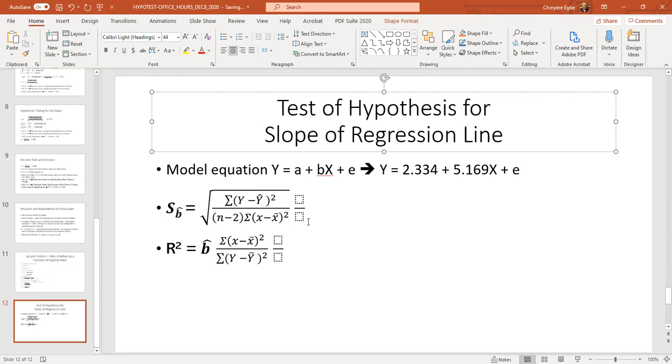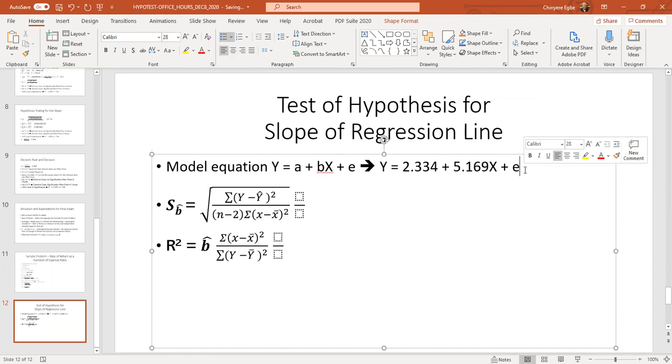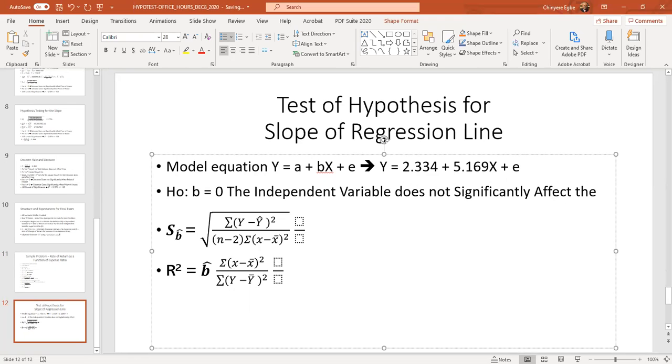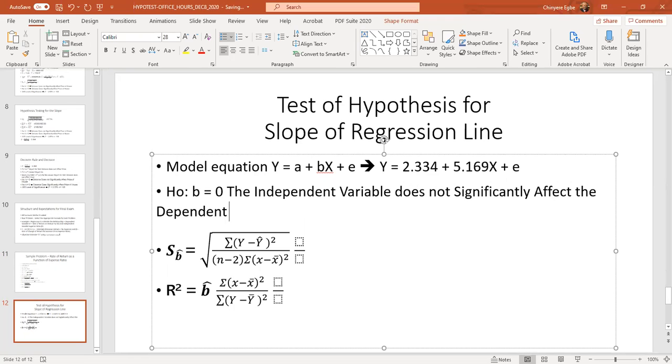Now, how do we test a hypothesis for the slope of a regression line? The null hypothesis is that B is equal to 0: the independent variable does not significantly affect the dependent variable.